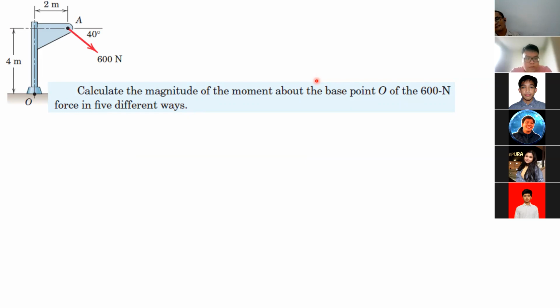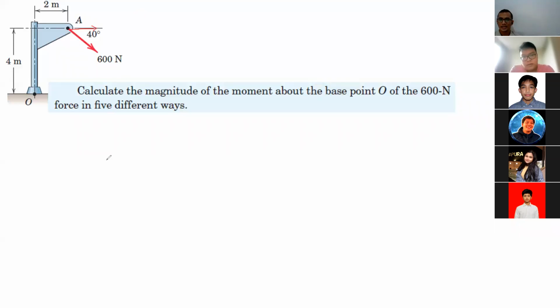Sure. Yes, sir. I've actually calculated the moment. So the horizontal component is supposed to be, what is the value of the horizontal component? Sure. 600 cos 40. Correct. 600 Newton cos 40 degrees will be the horizontal component of the vector 600 Newton.